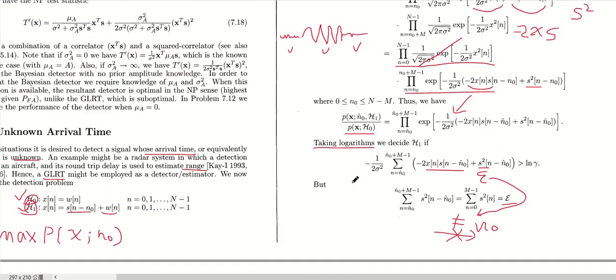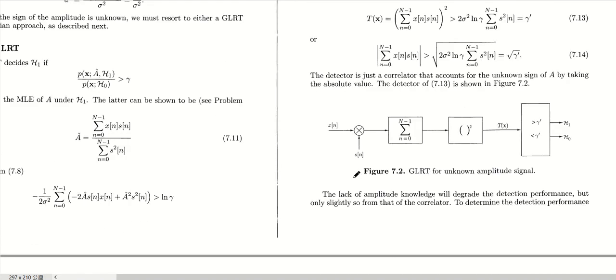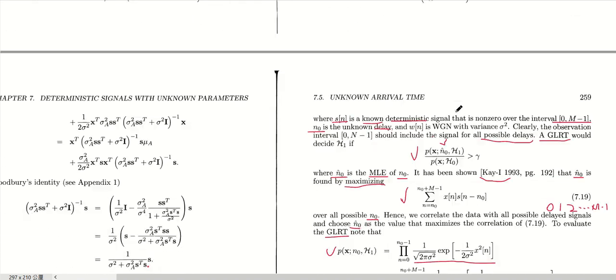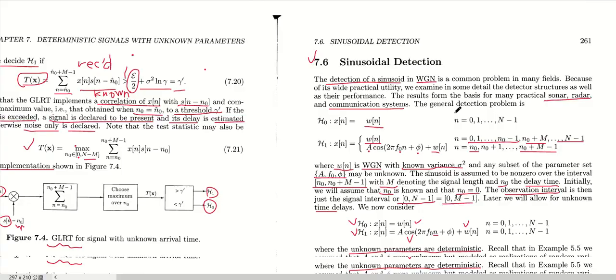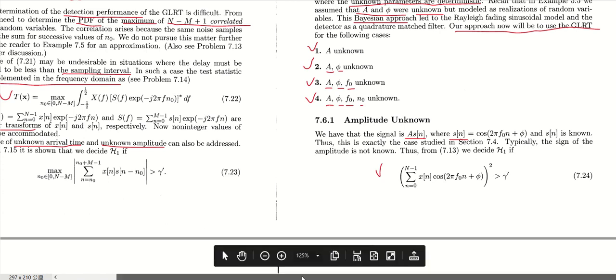Let's go back a little bit. It was derived before, in 7.13, so we're not redoing the process, but the test statistic is the correlation and then take the square. The received signal is correlated with the known signal, and then the square is compared with gamma prime.